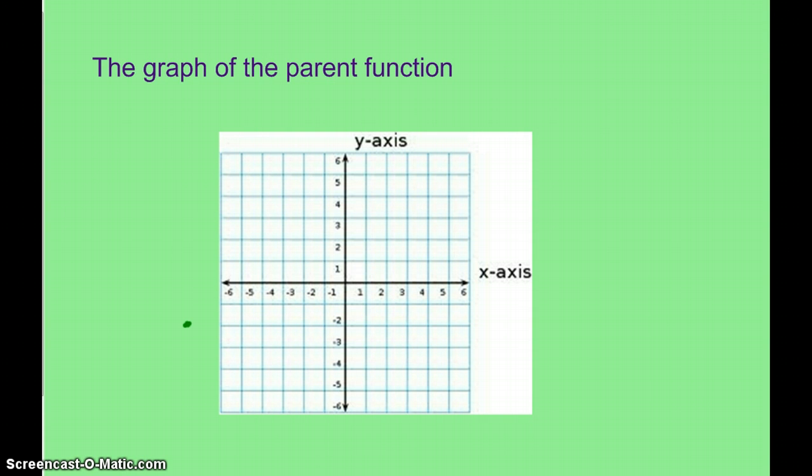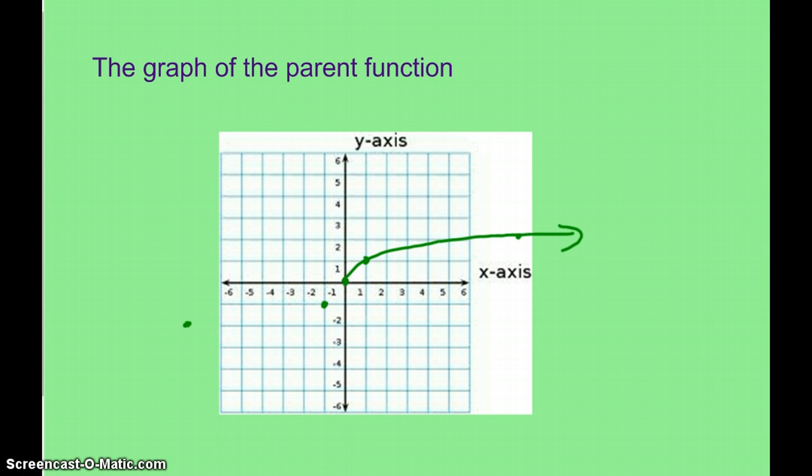-8, -2. Then we went to -1, -1, 0, 0, 1, 1, 8, 2, and our final point, 27, 3, is so far over to the right, it would barely even fit on this screen. So when you look at what this looks like, this is very similar to the square root function on this side.